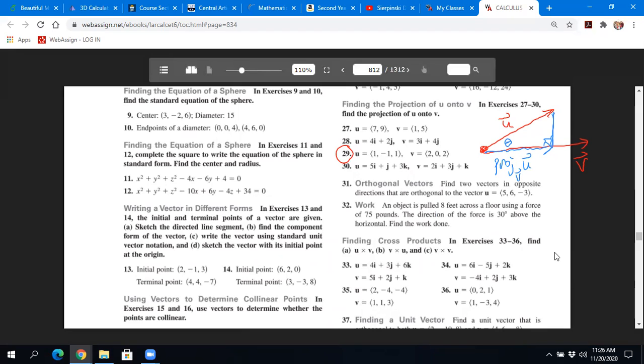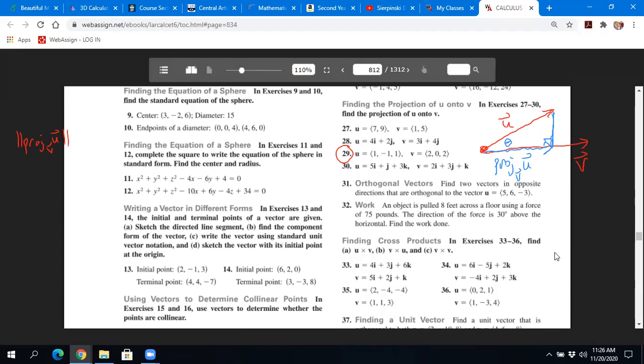Well, the length of the projection, that's like that adjacent side of that right triangle. Don't you see? It's the adjacent side of that triangle. Therefore, what trig function would we be using to find the length of the projection?